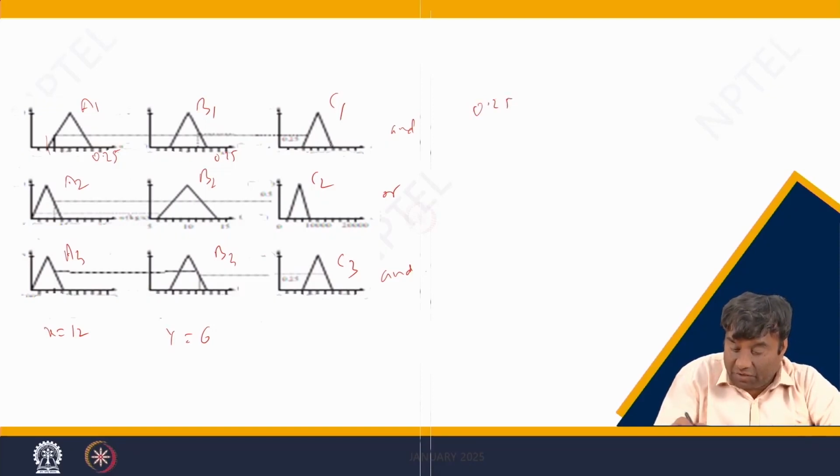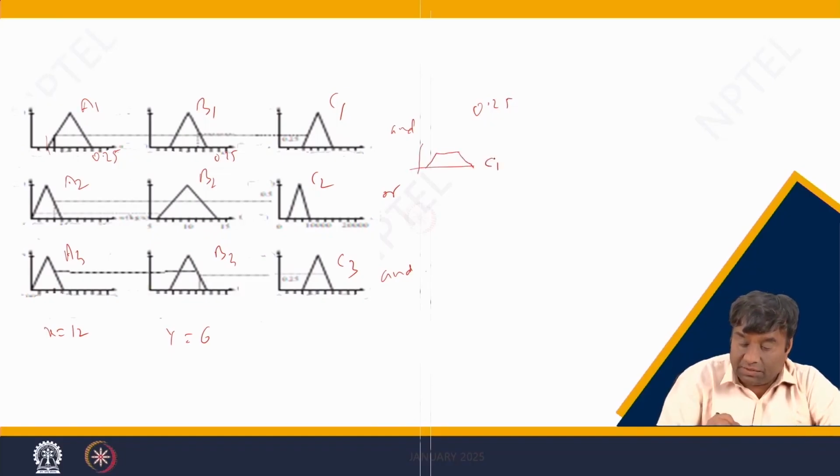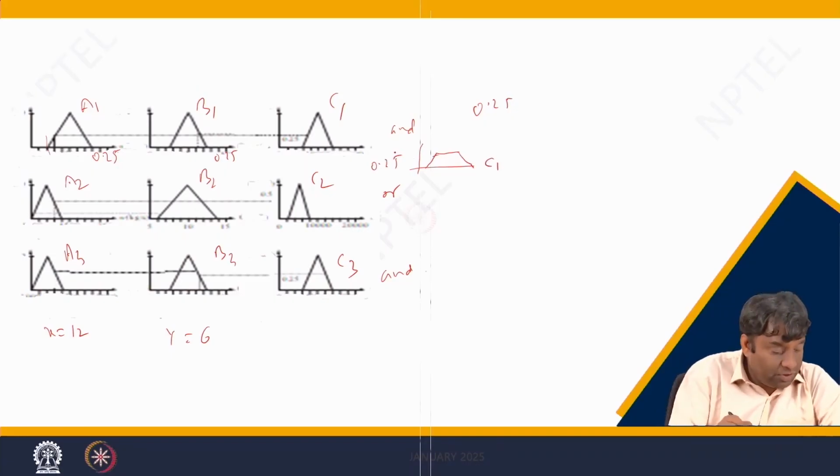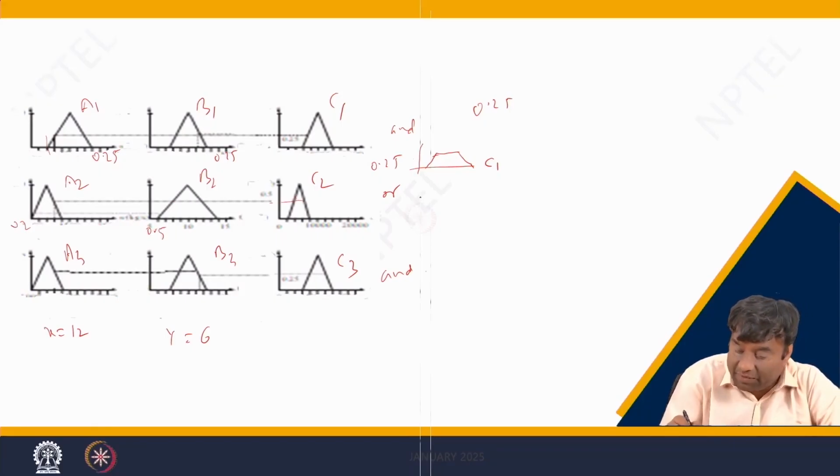So here that will be the output, this will be the value of C1, this value is 0.25. Here we consider this value as 0.2, but this value is 0.5. So maximum is 0.5. So here the output will be 0.5.